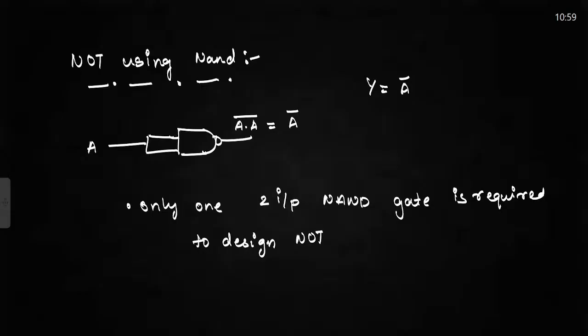Okay, now let us try to design another circuit, that is AND gate. Now we are designing AND gate using NAND.